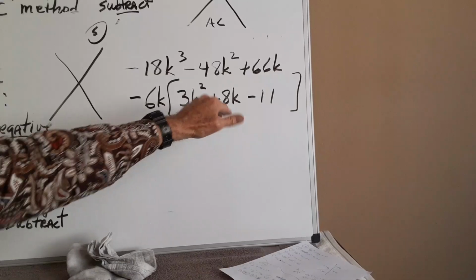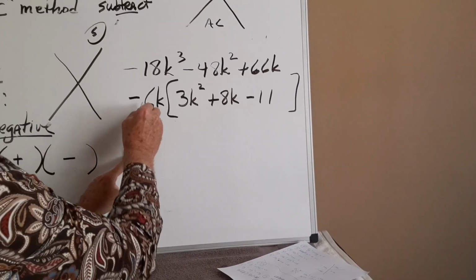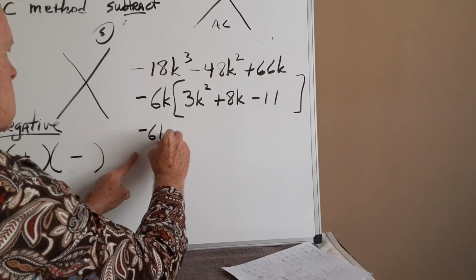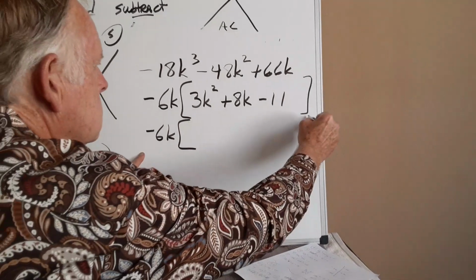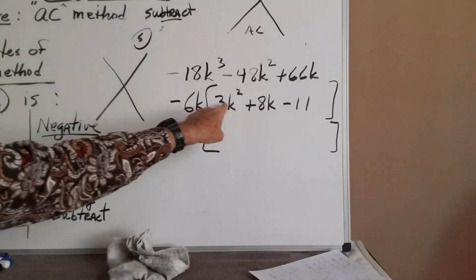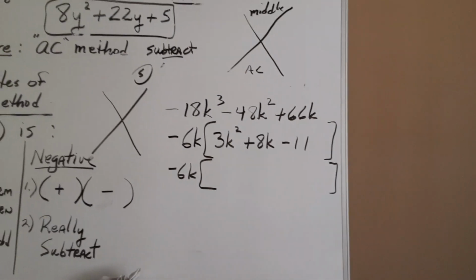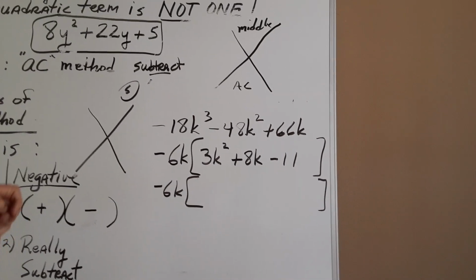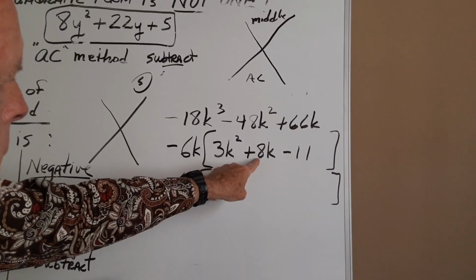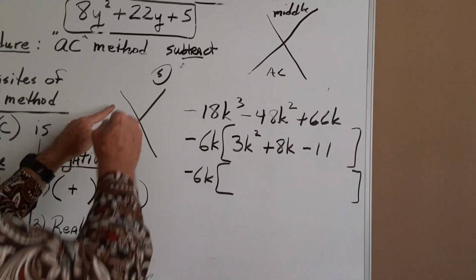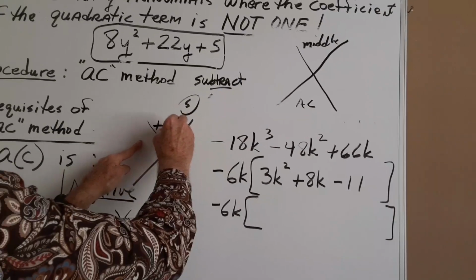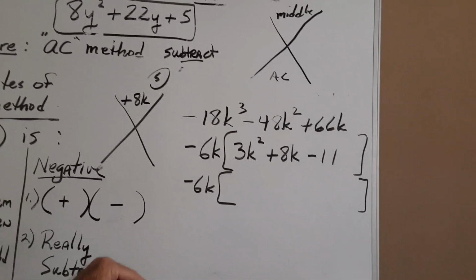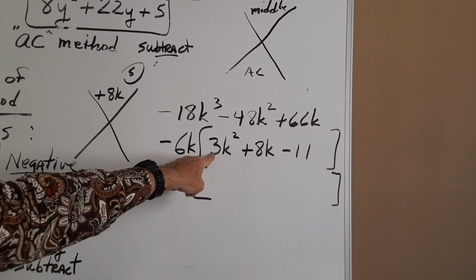Now let's move into our AC. Bring him down. Bring this guy down. We're going to convert this trinomial into a polynomial that has 4 terms. Middle term. AC. 3.